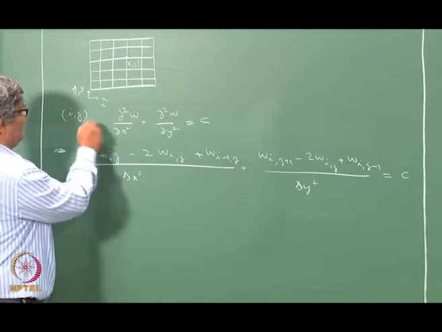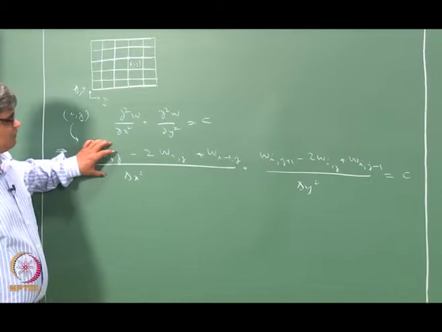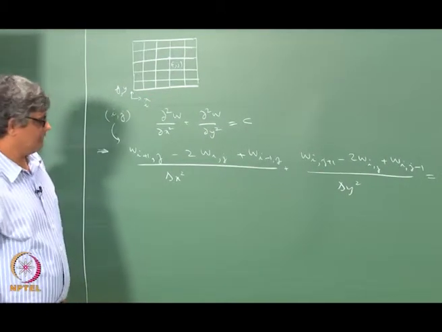So, at point ij, this is an approximate form of this equation, okay?